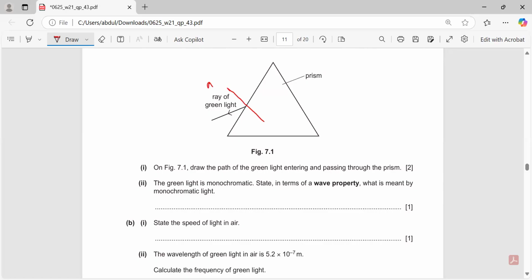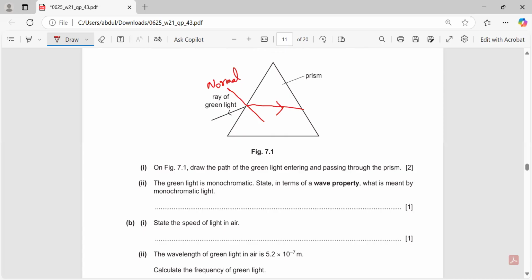So this one is the normal at the point of entry of green light into the prism. As the light is entering from less dense to a denser medium, it should be bending towards the normal. So roughly you can use the ruler in the exam to do so.